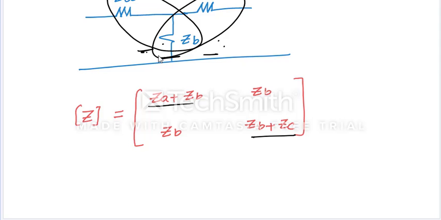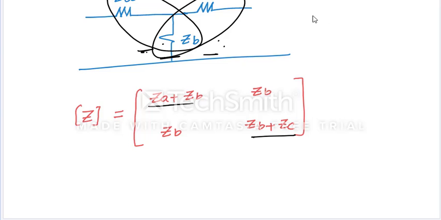So from now onwards we'll remember this as a shortcut. Whenever the shape of the network is a T shape, then we can directly find the Z parameters simply like this.